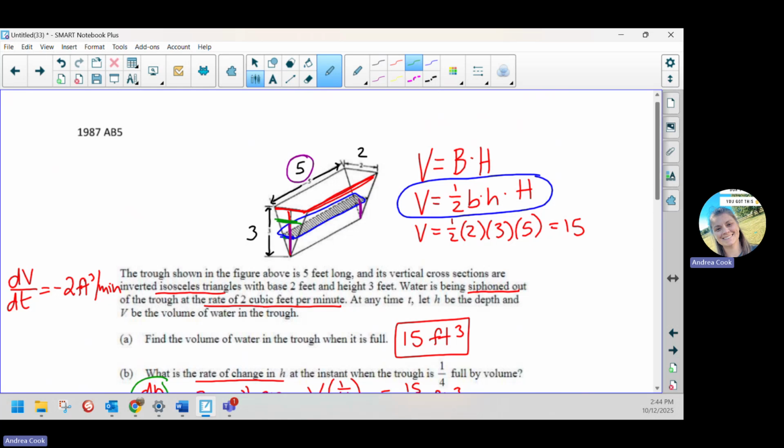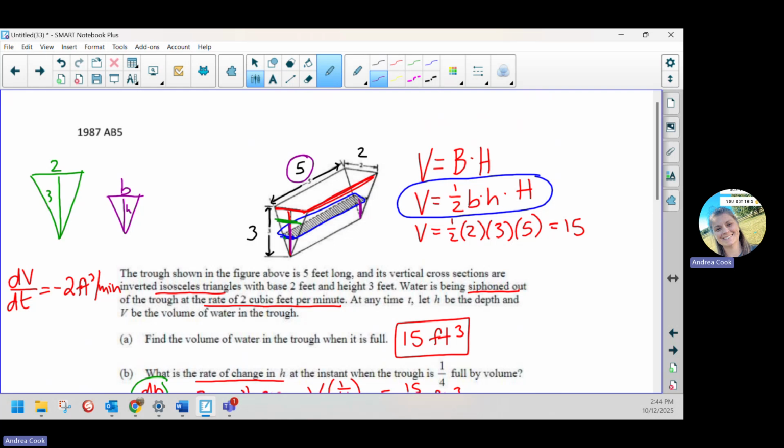So if the trough is full, this is 2, and this is 3. Well, it's not always full, it's being emptied. So if I draw another triangle, this is B, and this is H, because those are changing.